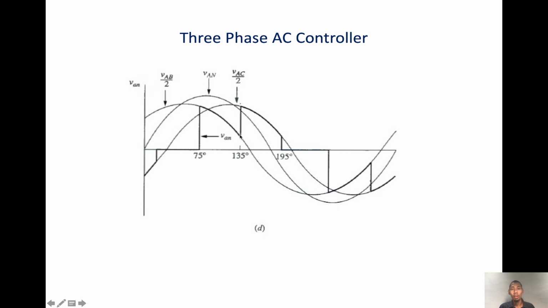But at 135 degrees, there is a change in the direction of which thyristor triggers, so we follow the line to line of EC divided by 2.